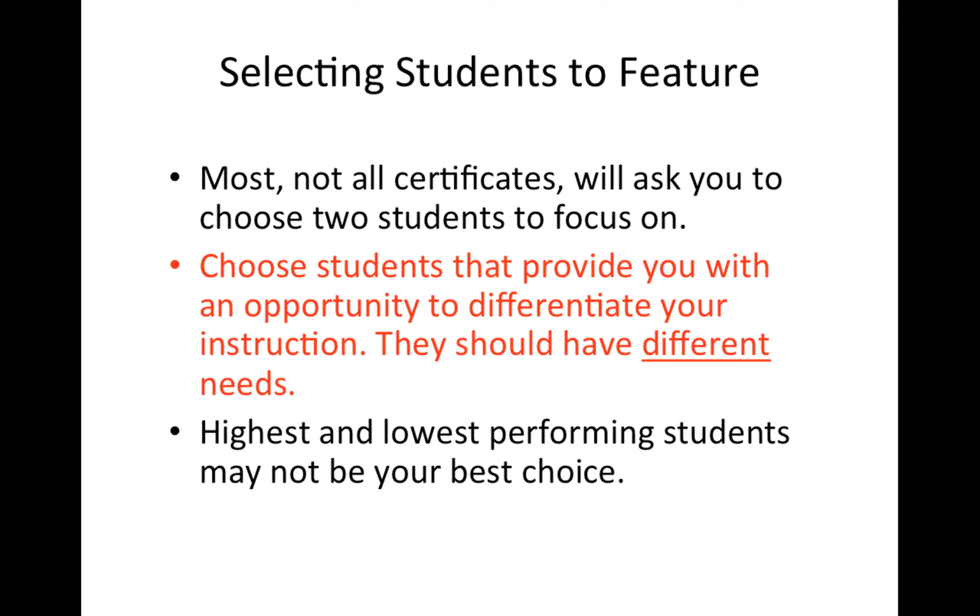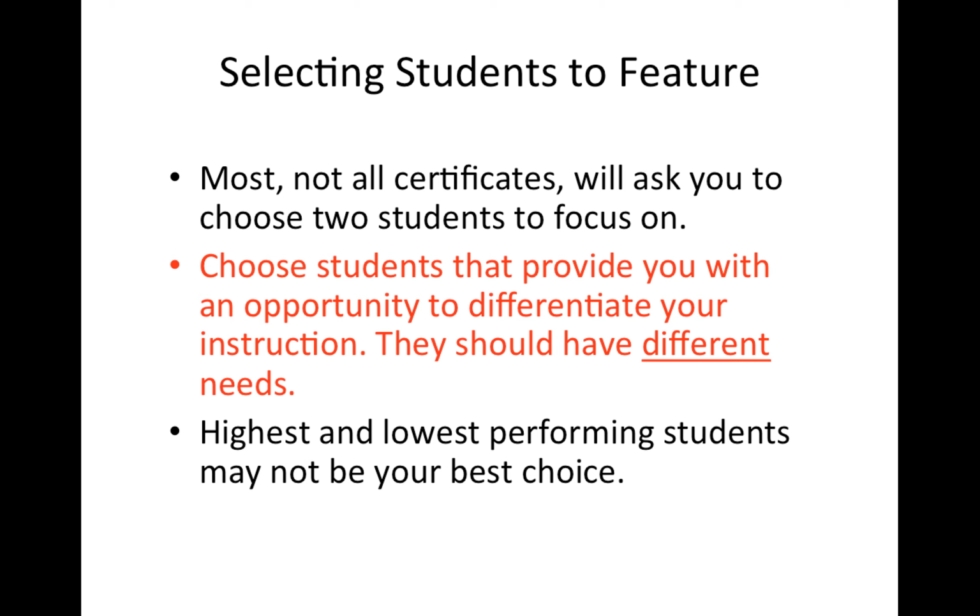Selecting students, again, most will ask you to choose 2. A few will only ask you to choose 1. That is also identified on the early pages in your content instructions for Component 2. Again, the National Board themselves say the highest and the lowest performing students are probably not your best choice.